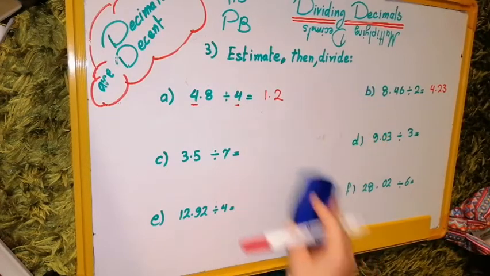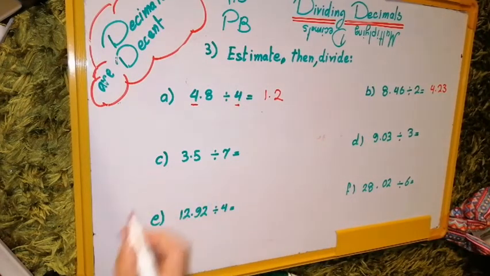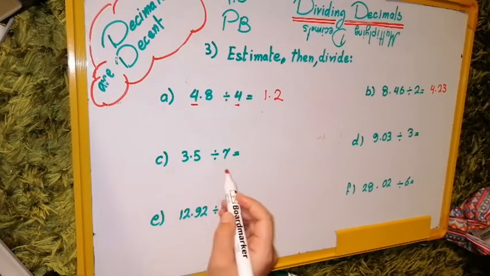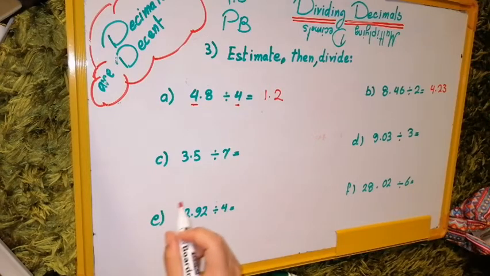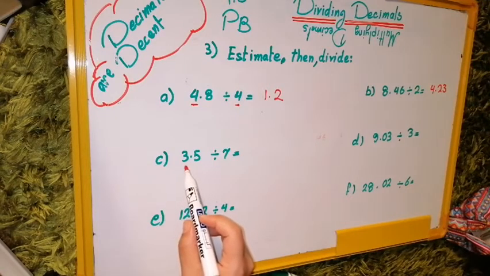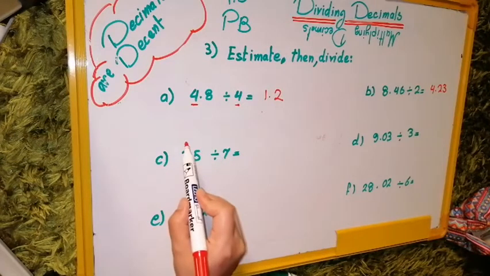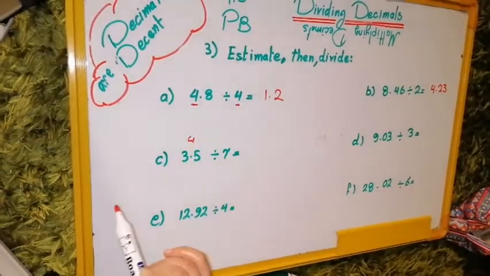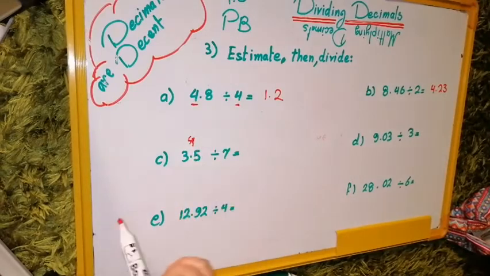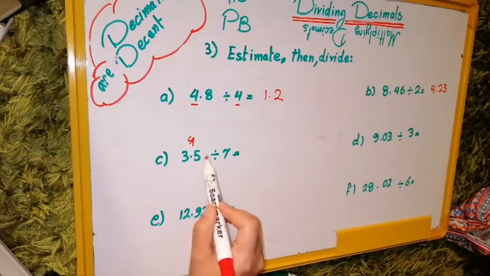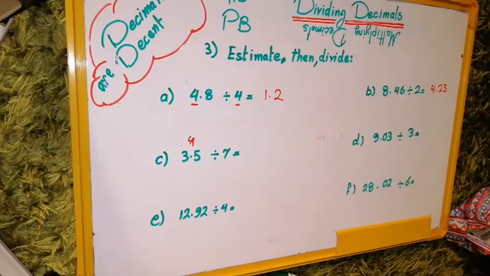Now let's see. See here, 3.5 divided by 7. If I try to divide this 7 by 3, or even if I rounded this and it became 4, as here it's 5, so I'm going to add more to the previous place.